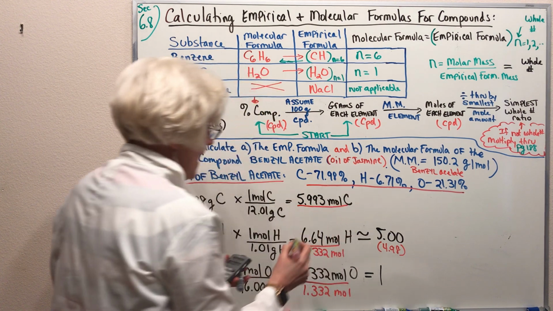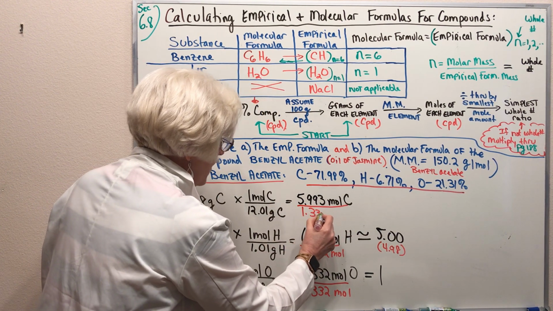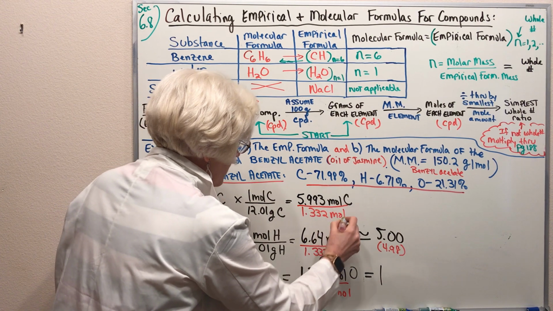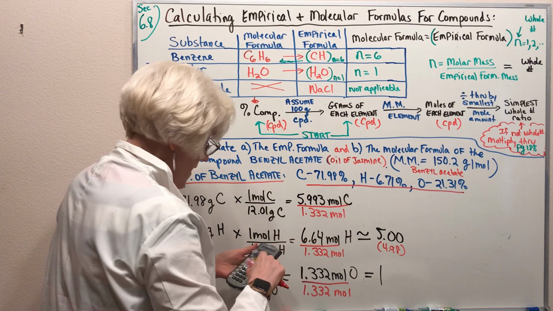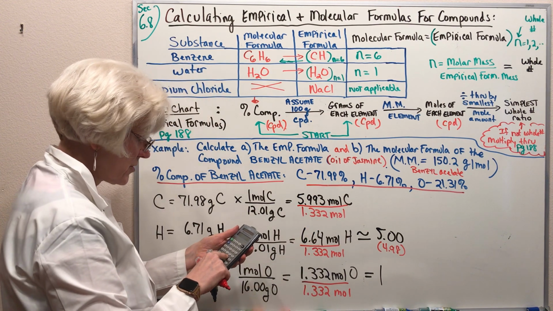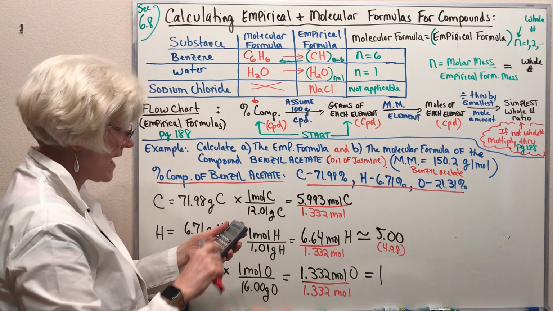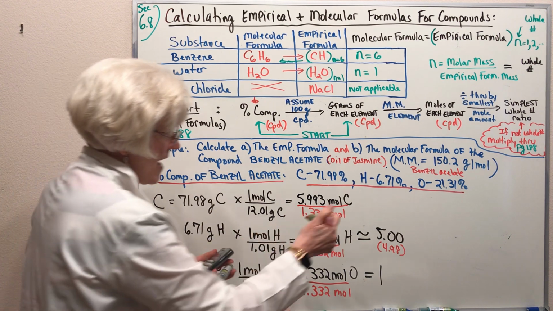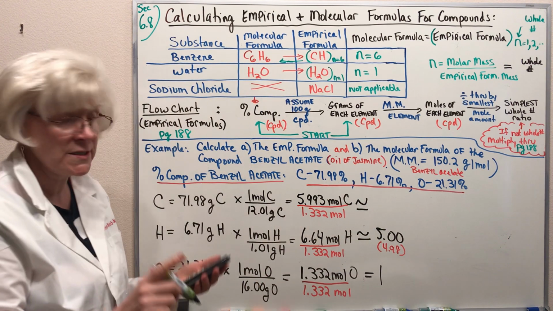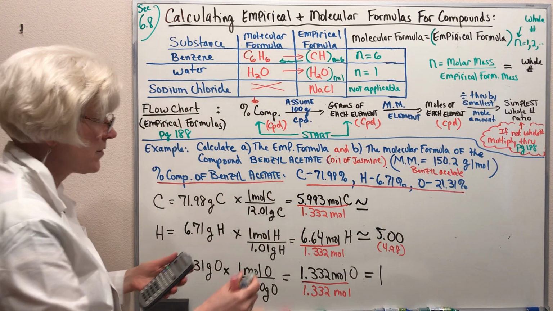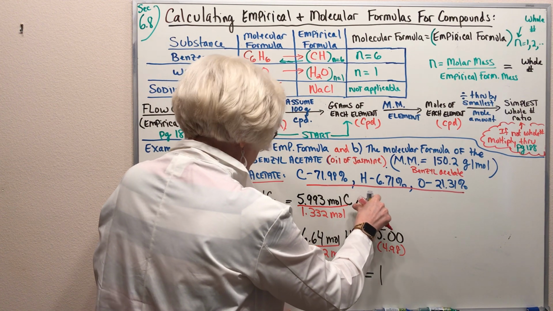Doing the last calculation with carbon, dividing moles of carbon through by 1.332. And what is my calculator showing here? I see that I do not have a whole number, right? So that was the goal, to get this whole number ratio, but I still don't have a whole number.